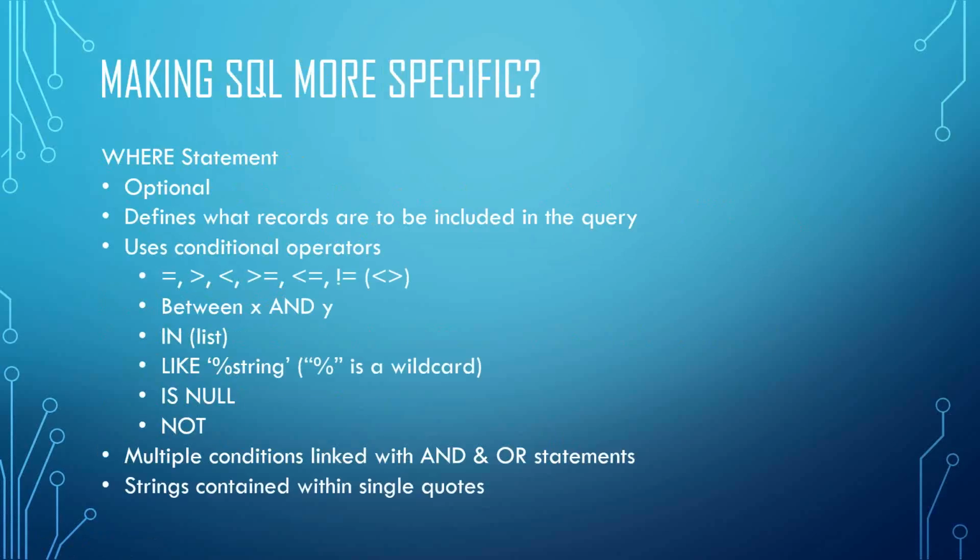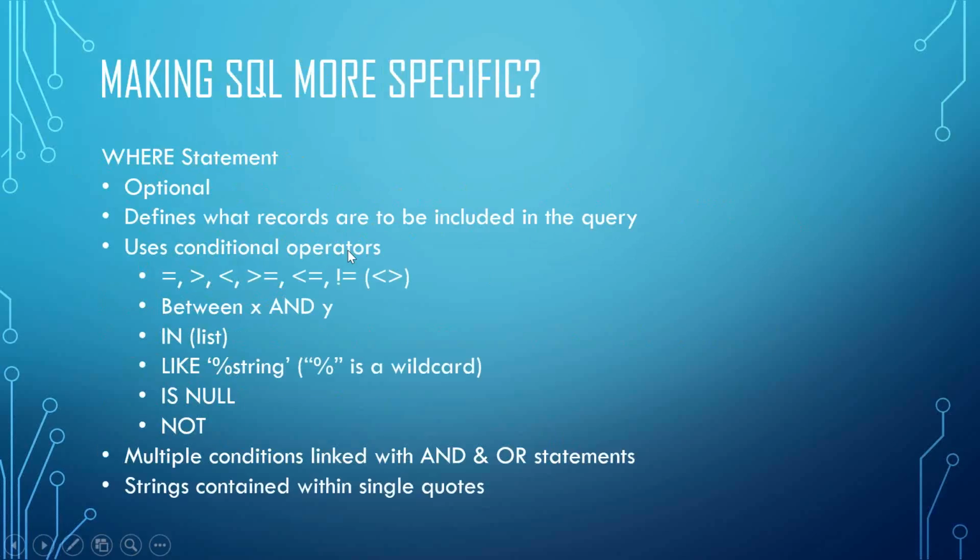The where statement. It's optional because it's not required to execute a SQL statement, but it's not really optional, because this is where a lot of the analysis takes place when you start to really utilize the power of the where statement to analyze data. The where statement defines what records are to be included in the query.